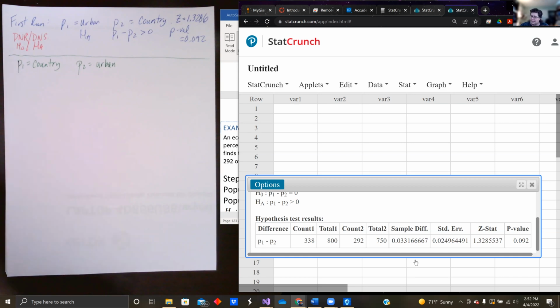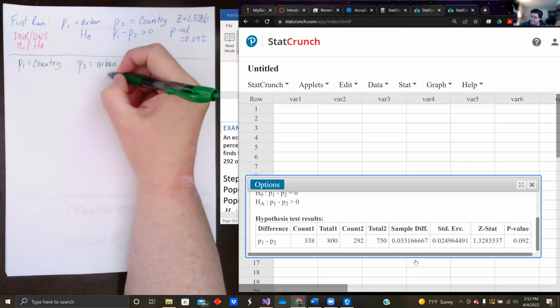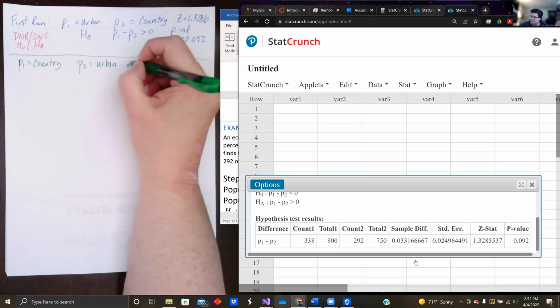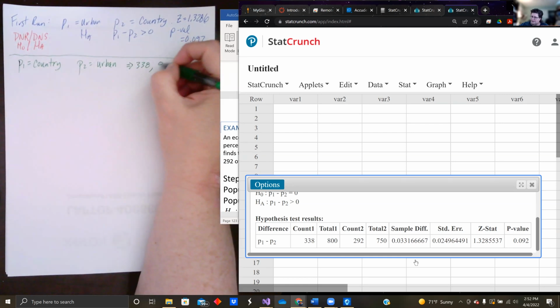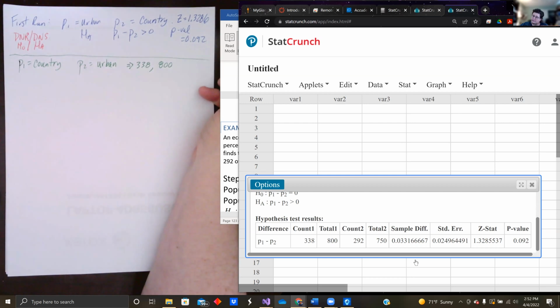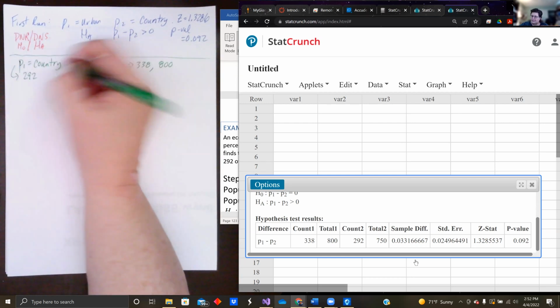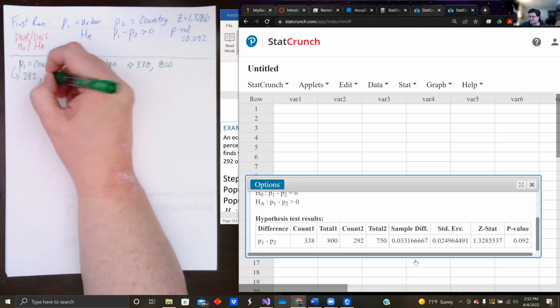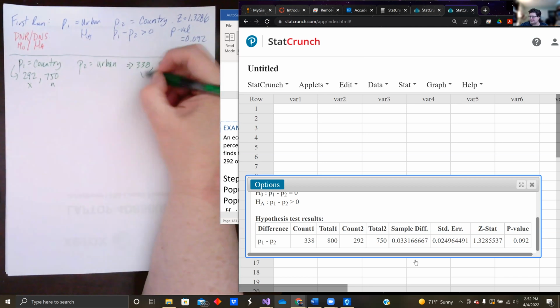So urban was 338, and that was my X and 800 for N. And the country group had 292 for X and 750 for N. So that's X, that's N, that's X, that's N.